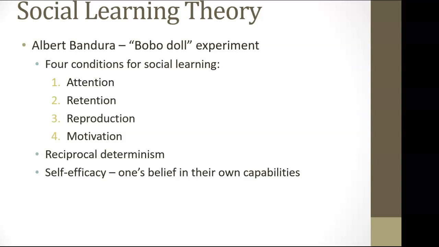Let's talk about that. So social learning theory is just what it sounds like. The theory is that we learn by watching our environment and modeling what we see in our environment. And the reason that Bandura thought this is because of the Bobo doll experiment where preschool children were brought in and saw an aggressive act toward a doll.